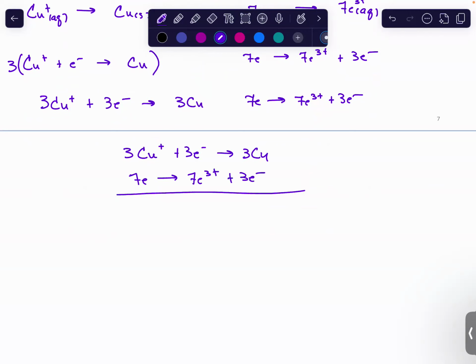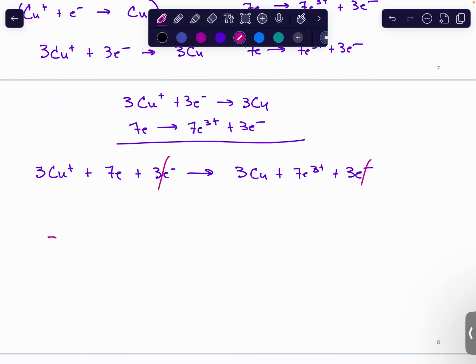And when you add chemical equations, what you're going to do is take everything on the left, bring it all down, take everything on the right, bring it all down, and then we're going to cancel out anything that's the same. And the only thing that's the same is the 3 electrons, those go.